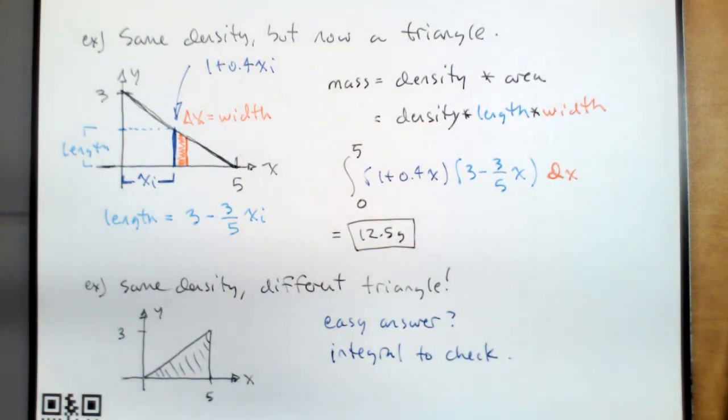So that's what we would want to think about here for this problem. What's the easy way to get at the mass of this triangle? Same density scheme as the previous. What would your instinct tell you is the mass of this triangle? And then how could you set up an integral to check it out?